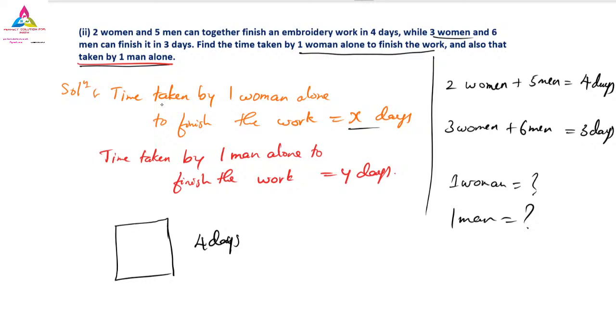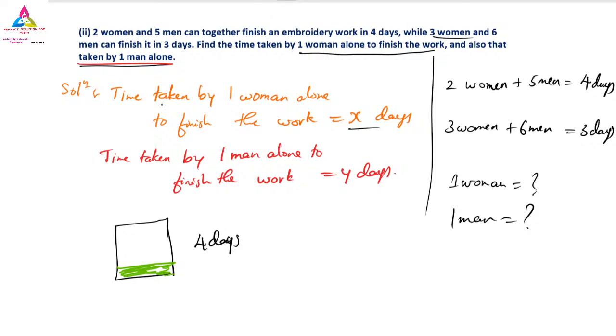In one day, how much are you going to finish? Proportionally you are dividing it, so you need to finish one total assignment within 4 days. So in one day, how much are you going to finish? 1/4. Yes, you will finish 1/4 in one day. Okay, means what you have done?